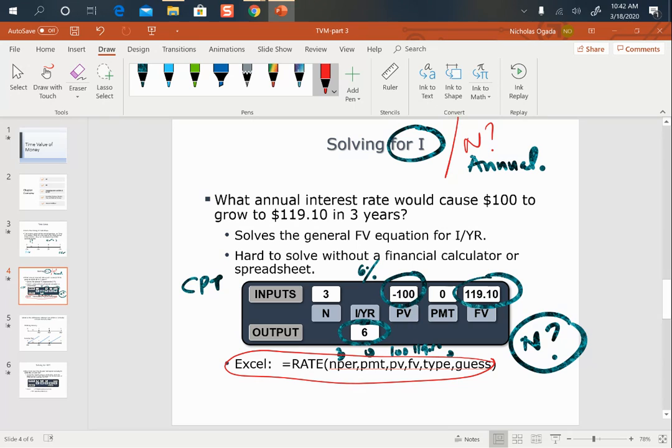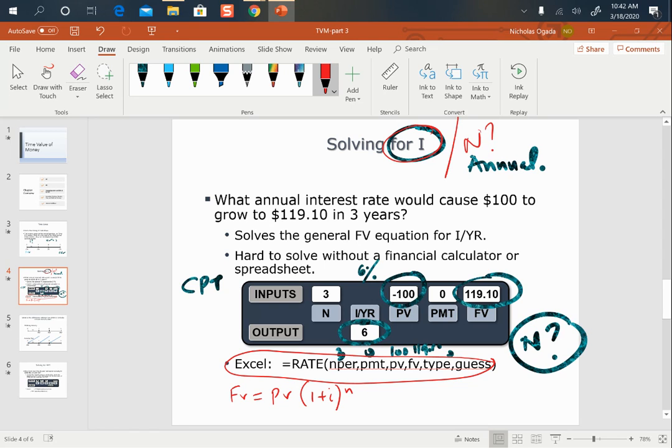Then another option is to use the formula, but again, the formula is a tedious process. So remember what we said. If you're going to use the formula, we know that the future value is equal to the present value times (1 plus I) raised to the power of n. If you're looking for I, you make I the subject.